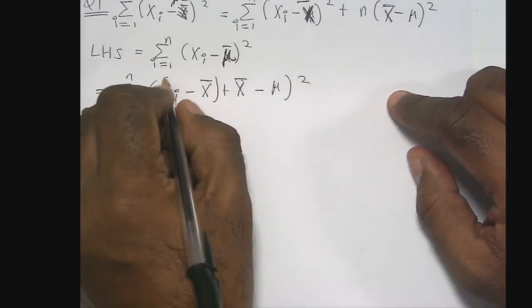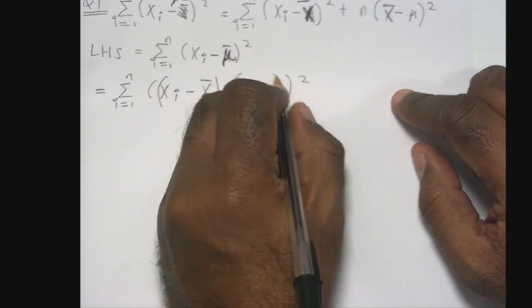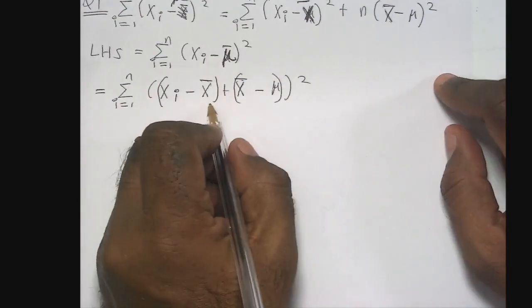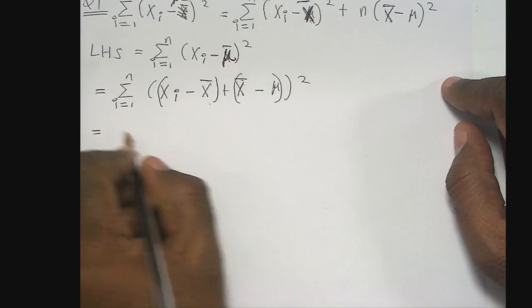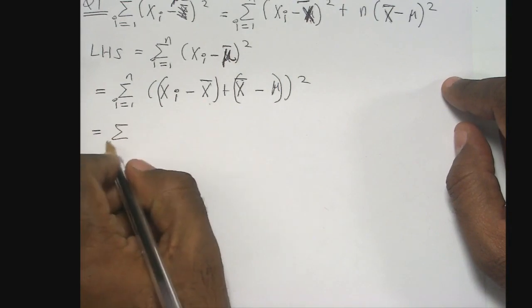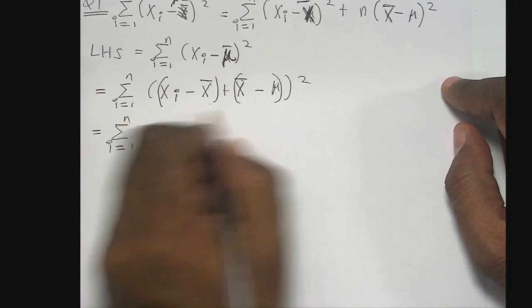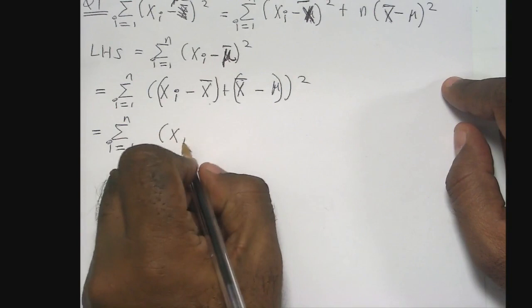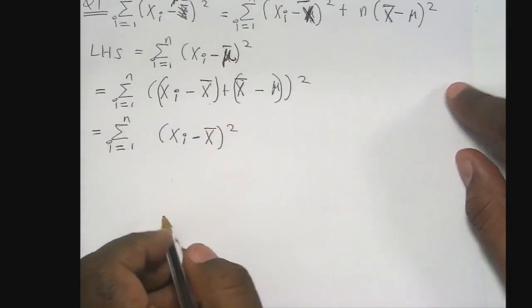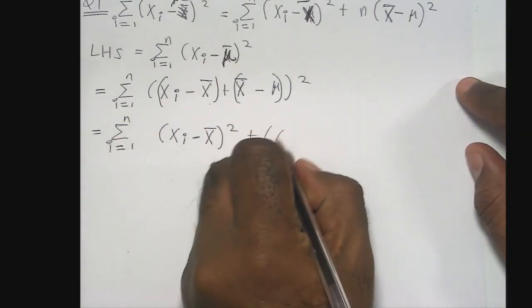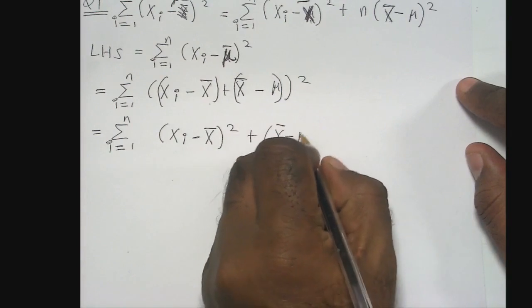Now let me put brackets around this. Brackets around the first two terms and brackets around the last two terms. Then expand the terms. If you expand the terms, you get 3. This is the first term. The second term is this.